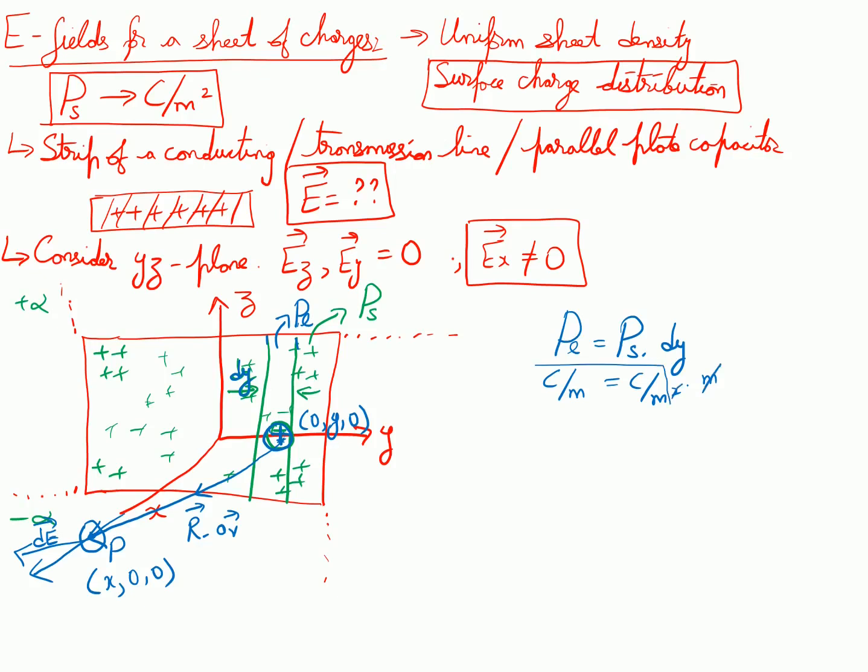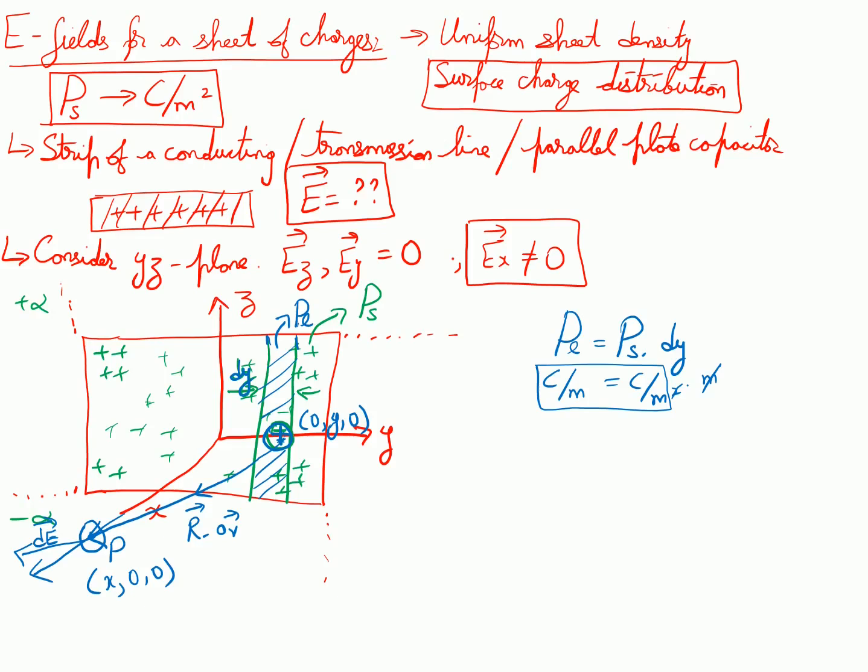This means that the assumption of a strip existing inside the sheet is valid. So this is my strip which exists inside this infinite sheet, and now that I have selected this small strip, my analysis becomes a bit easier.